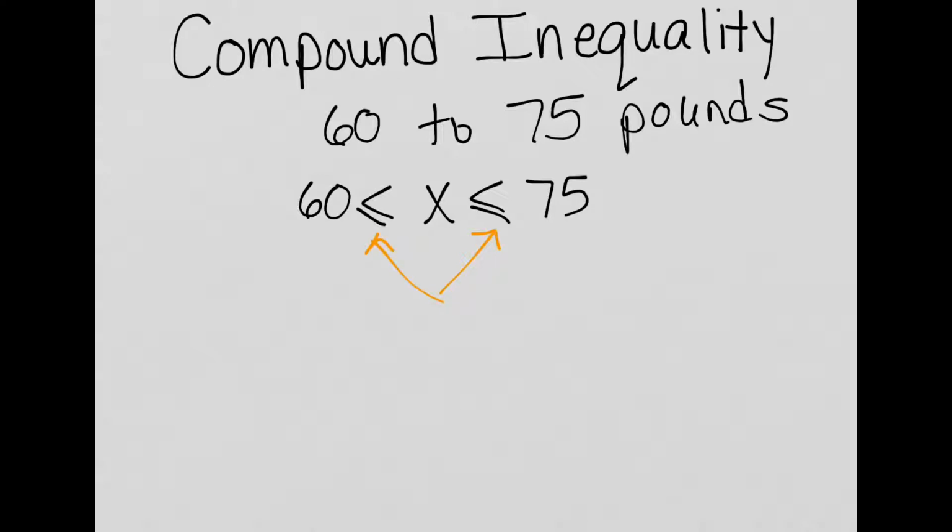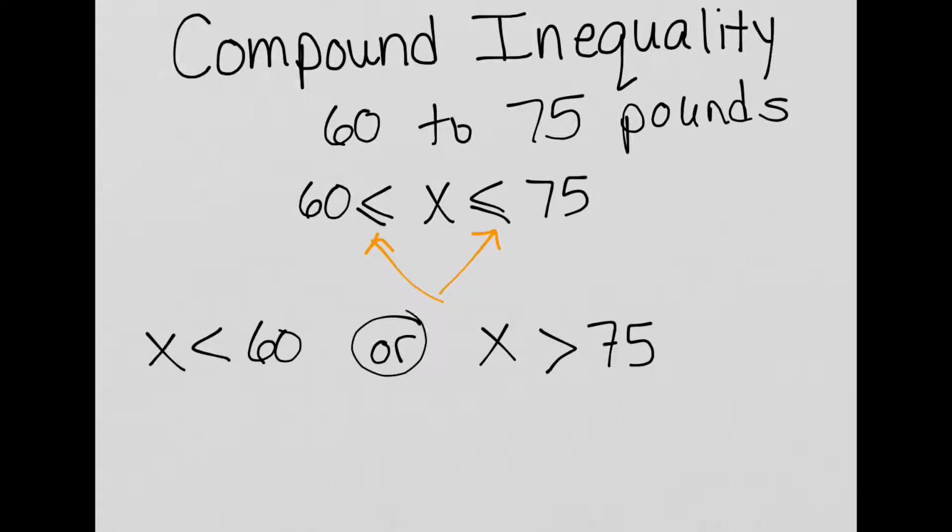Another form of compound inequality is if I were to ask, what's an unhealthy weight for my dog? Well, an unhealthy weight would be if my dog weighed less than 60 pounds, that'd be too skinny, or if my dog weighed more than 75 pounds, that would be too fat. Either of those is unhealthy. So why did I have to use the word or here, and I didn't use the word and in this one?